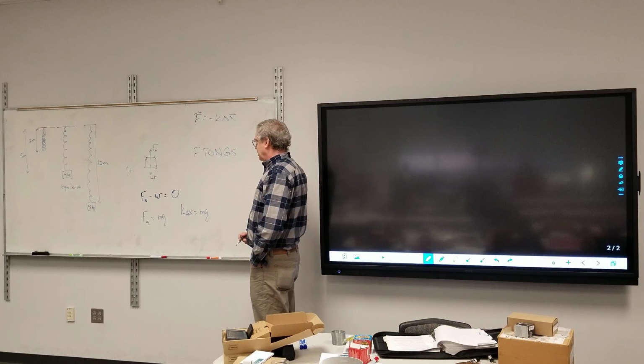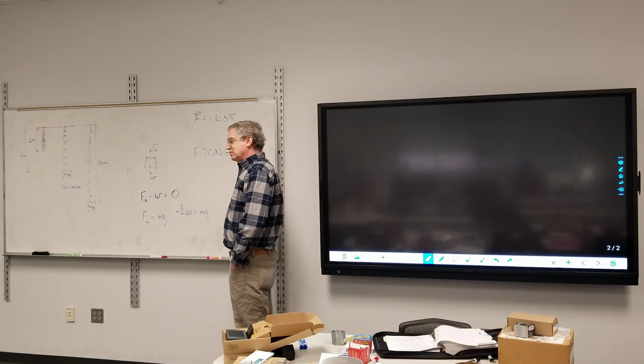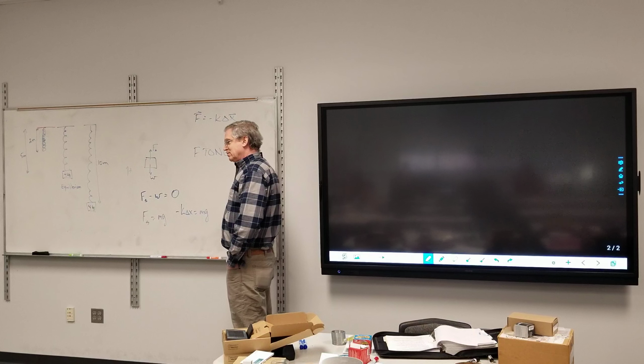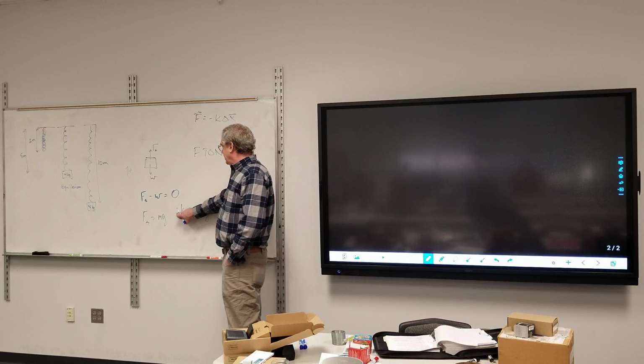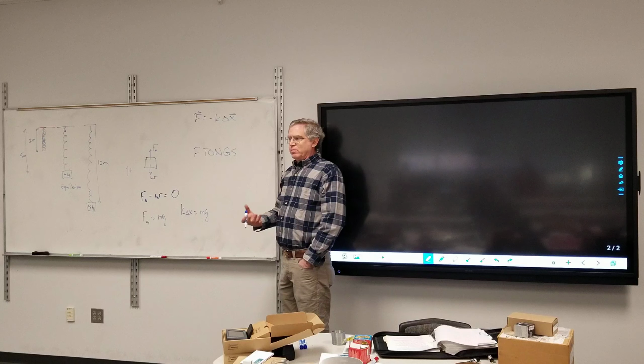So you're saying it should be a negative there, and then I'll have a negative for delta x. Depends on where we put 0. And delta x is how far it's stretched from equilibrium.